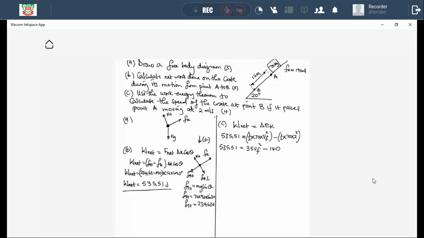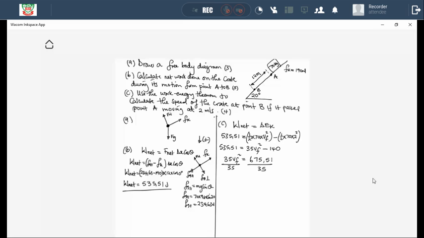So we collect like terms there. We are going to have 35 vf squared is equal to, we take 140 to the other side. It becomes positive, so it becomes 140 plus 535,51, and I'm getting 675,51. Divide both sides by 35.